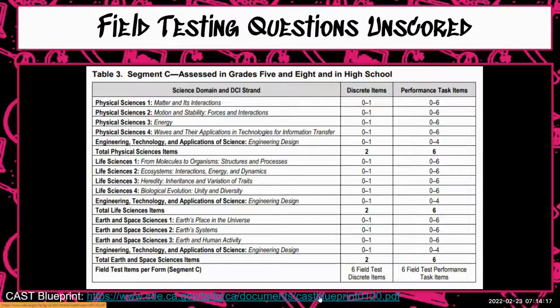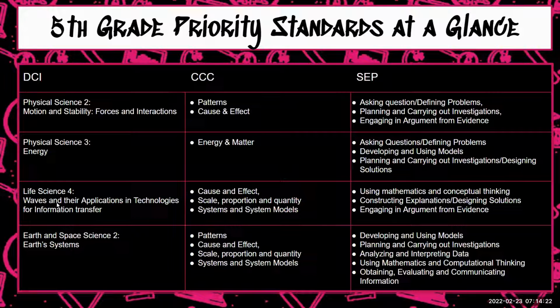Here's the link to that blueprint, like I was telling you before. I took more information from that blueprint. There are a couple other documents in that blueprint that are really helpful for analyzing, but a little bit difficult to read. So I took that information and put it together with the items that are most frequently tested, the ones that had a higher number of possible questions, and I came up with this table of standards that you could prioritize.